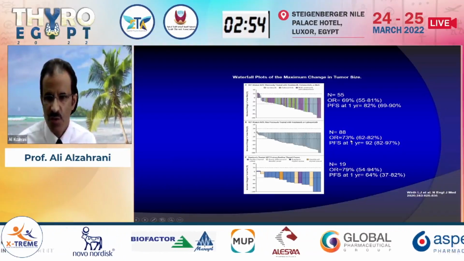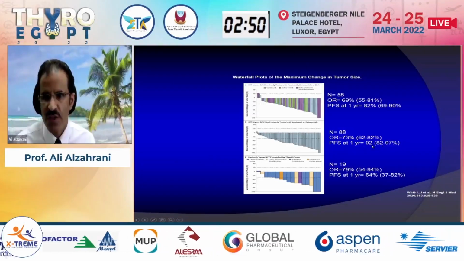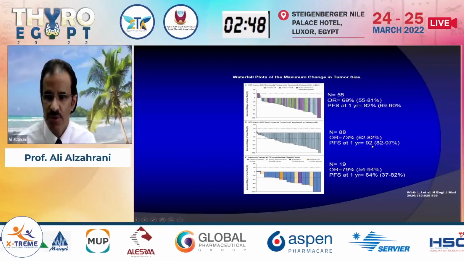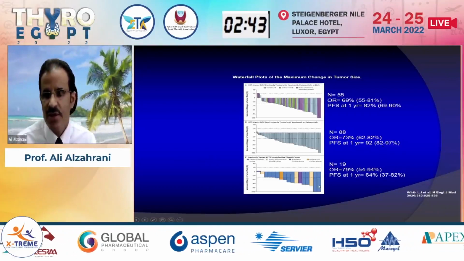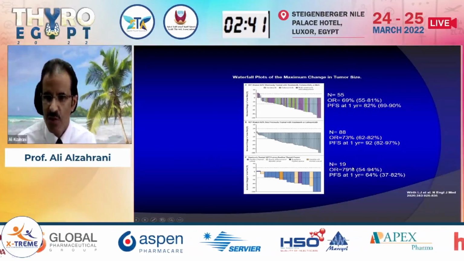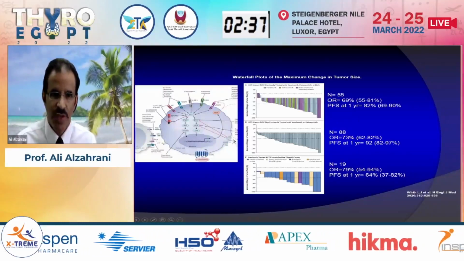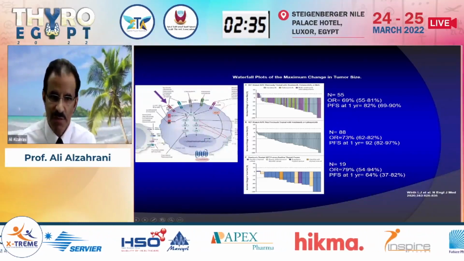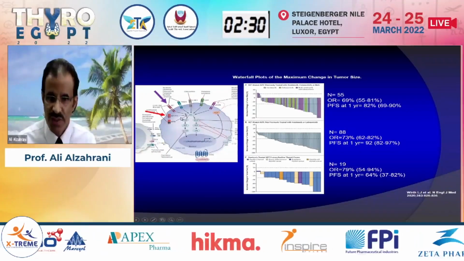Overall response was 73%, and progression-free survival at 1 year was 92%. 92% did not progress. And this is the data on the differentiated thyroid cancer, small group, but again, the response is impressive. This is where Selpercatinib works. It inhibits RET oncogene, or RET-PTC or RET fusion proteins.